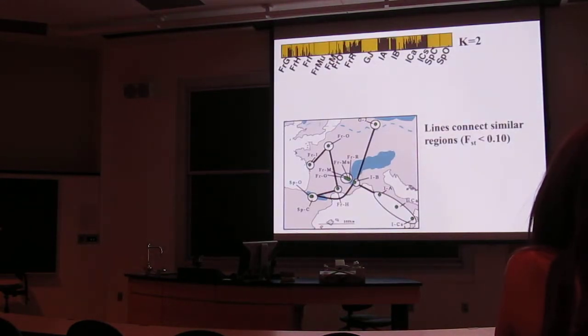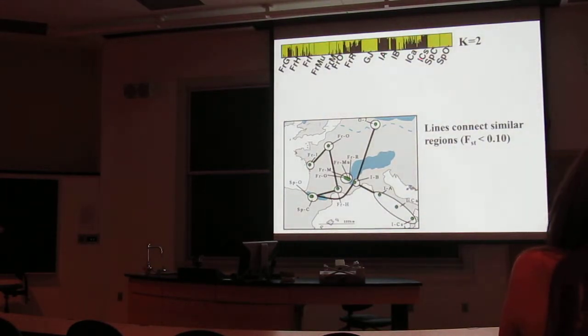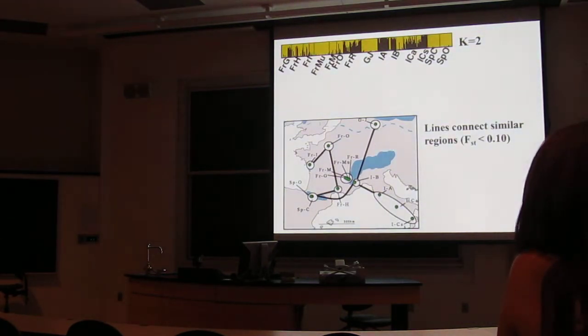So what we can see here is that these Italian populations are the black ones and the Spanish populations are yellow. So it looks like the populations on these two peninsulas were separated at k equals 2.